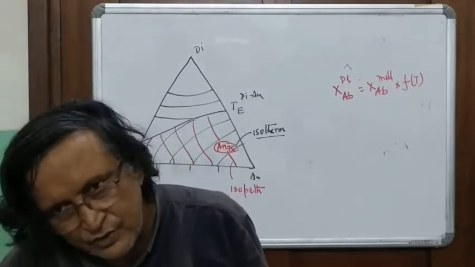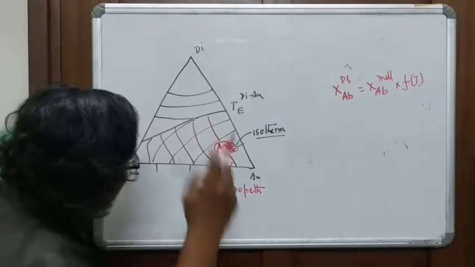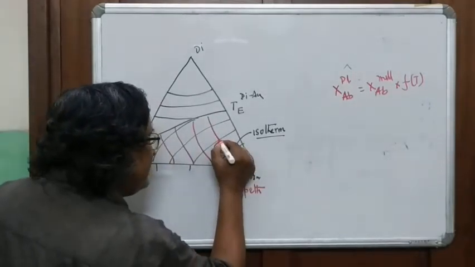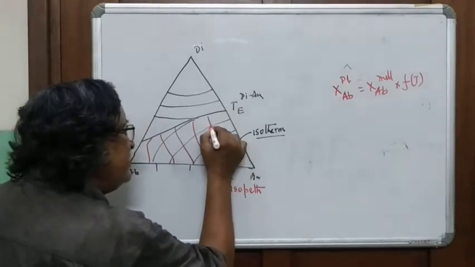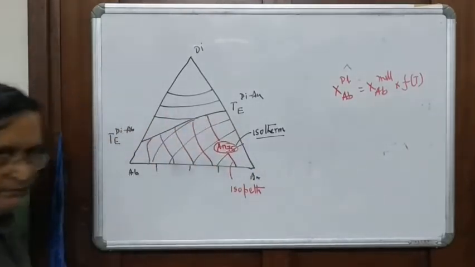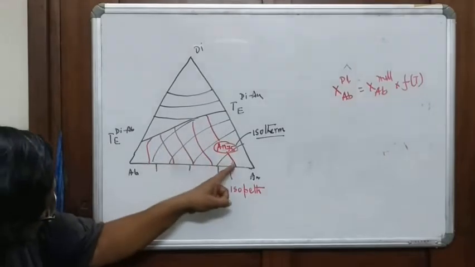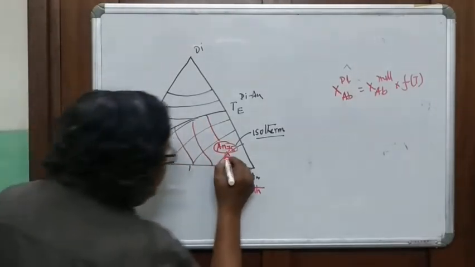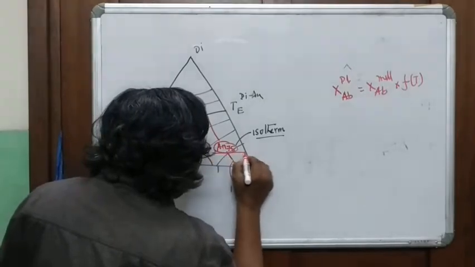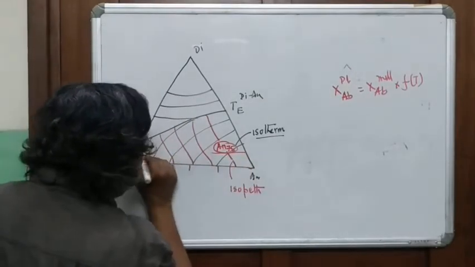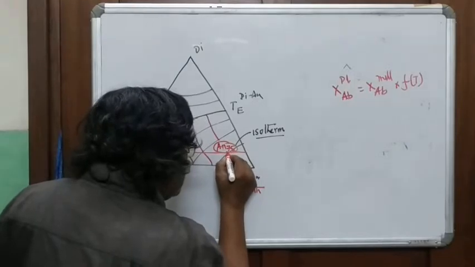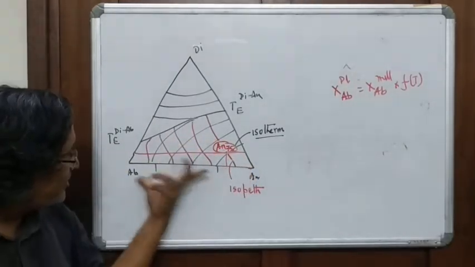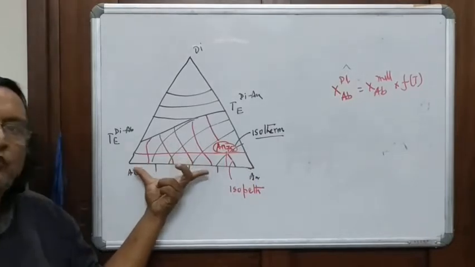Have you understood? Now, at this point, this is the temperature. At this point, this is the temperature, and this is the temperature. So this composition joins all the lines, and if this is the point, this is the composition of the melt. Can you see? So much is albite and so much is anorthite.